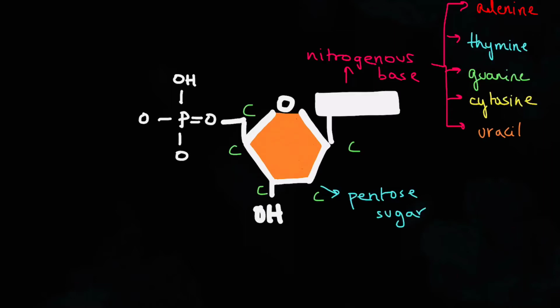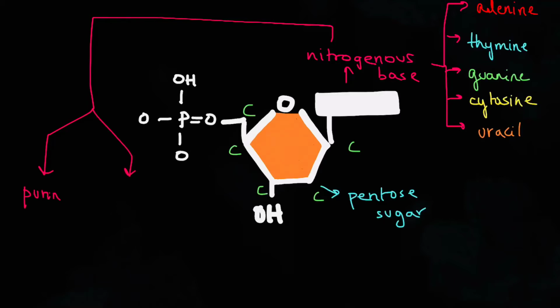Apart from the 5 different bases, the only thing you need to know about nitrogenous bases is that there are 2 different kinds of nitrogenous bases. The first category are purines, and the second is called pyrimidines.